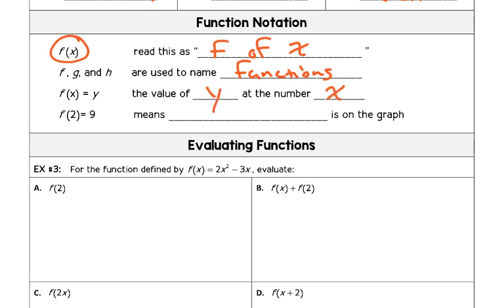And f of x actually means the value of y at the number x. Is what x maps to in y. All right, and then f of 2 is equal to 9. What does that mean? All that means, graphically, is that the point (2, 9) is on my graph, because 2 is the x value, right, as we said here, and 9 is the y value.